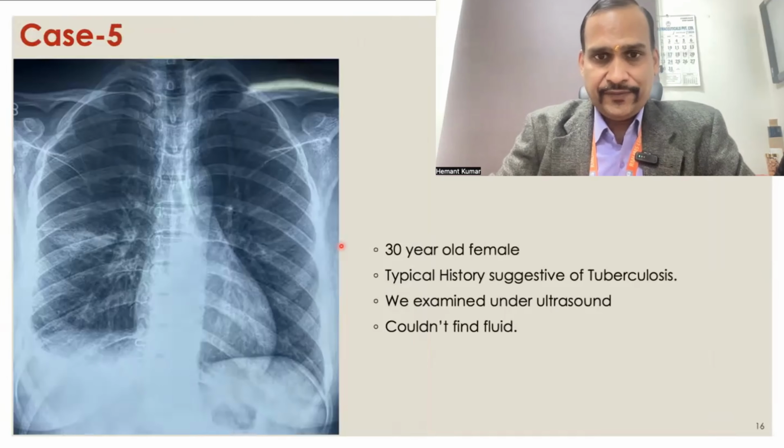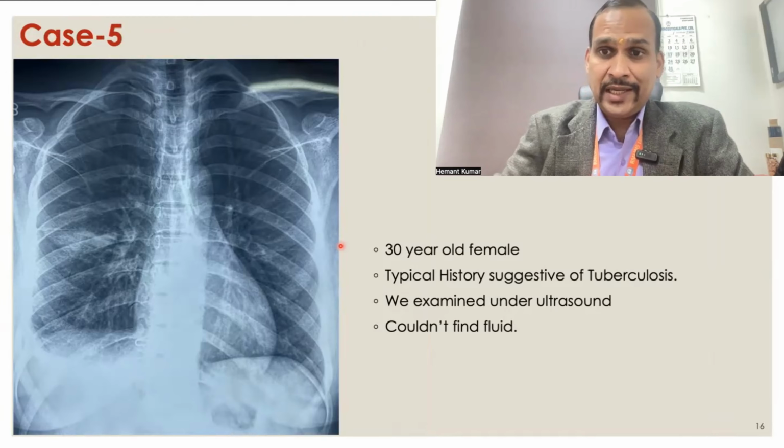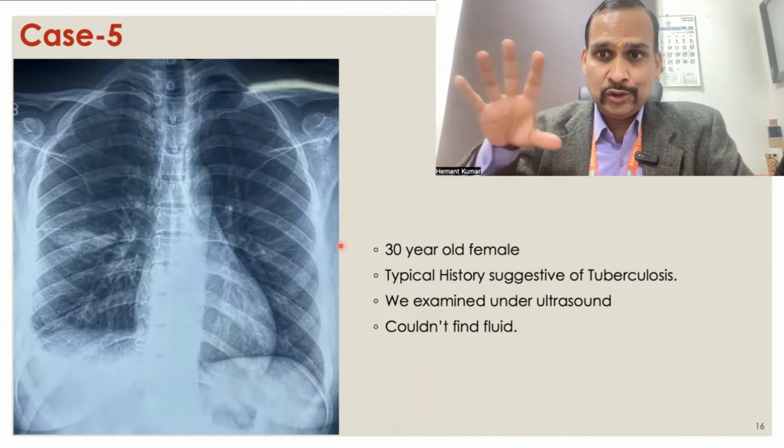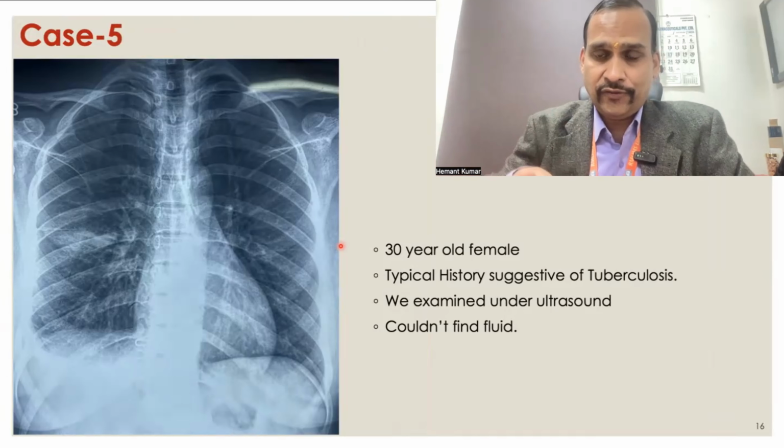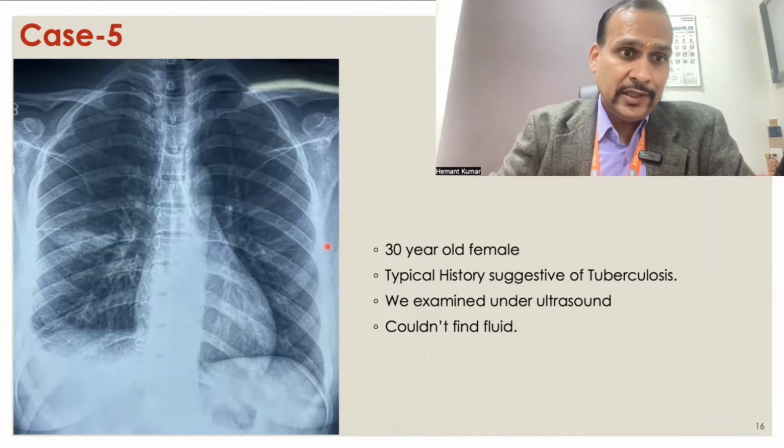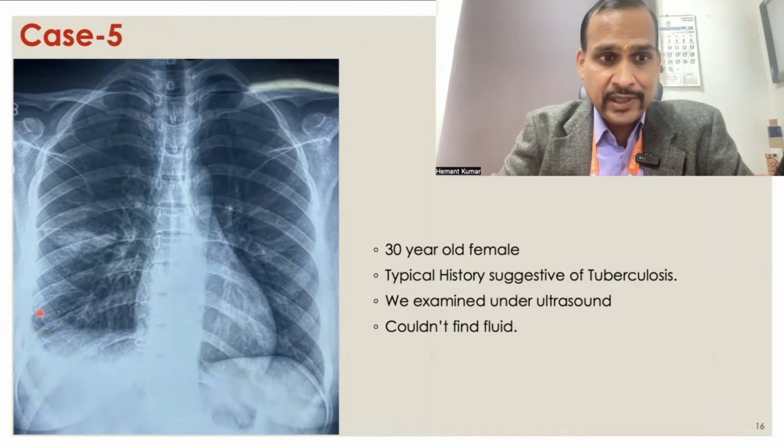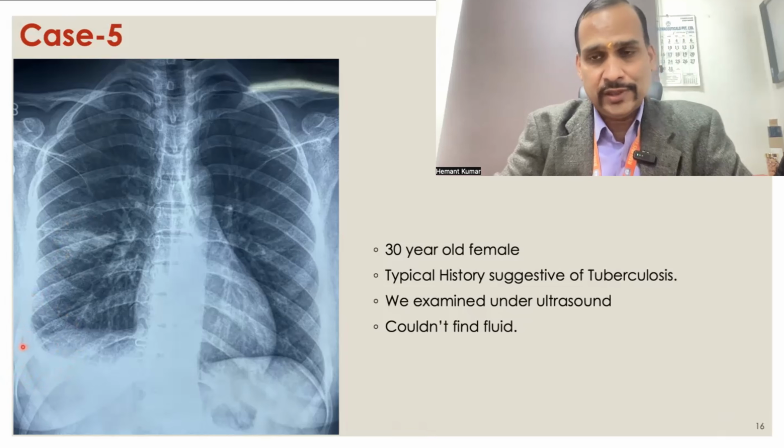Now case number 5. She is a 30-year-old female with typical history of tuberculosis like low grade fever, loss of weight, loss of appetite, cough. And if you see the X-ray, you can find there is right CP angle blunting. Although there is segmental consolidation, we are focusing on this part, right side pleural effusion.